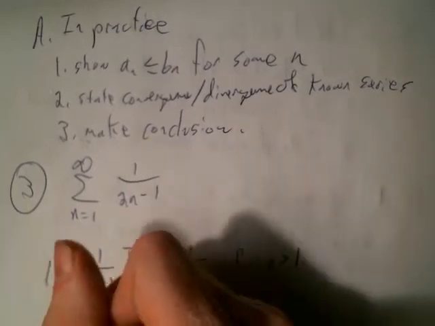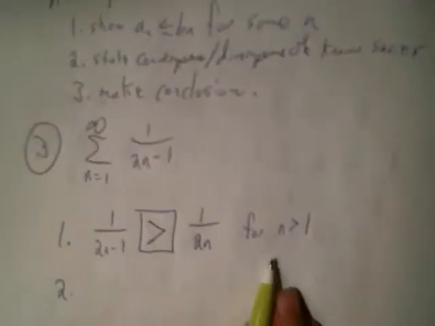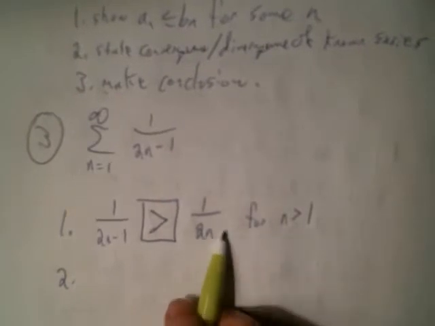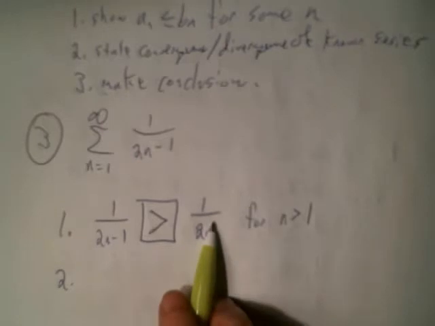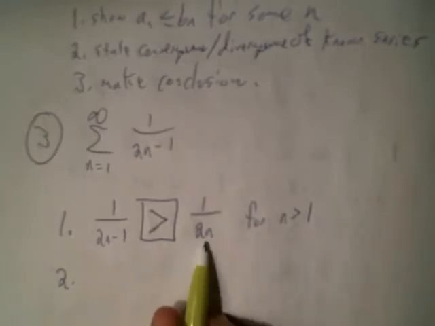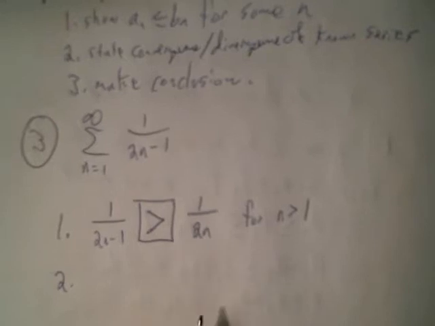Okay. Secondly, then I make a statement about this thing right here. It should be a known series, and for us to have a conclusion, it has to be divergent. If it's convergent, it won't give us any conclusion. Okay, so we hope it's divergent. If it's not divergent, if it's convergent, you have to try a different series.